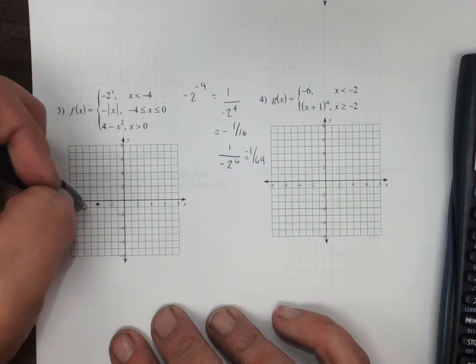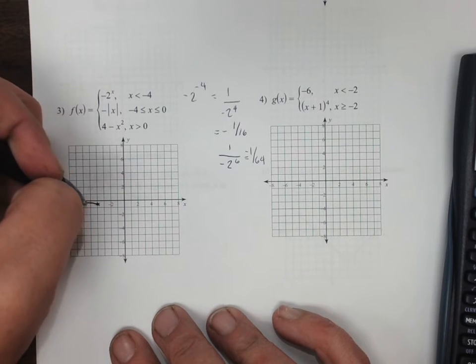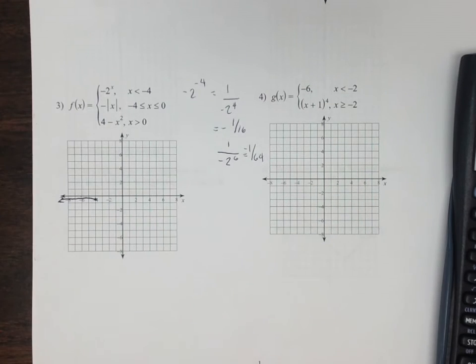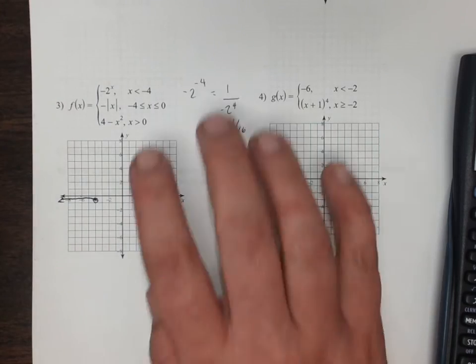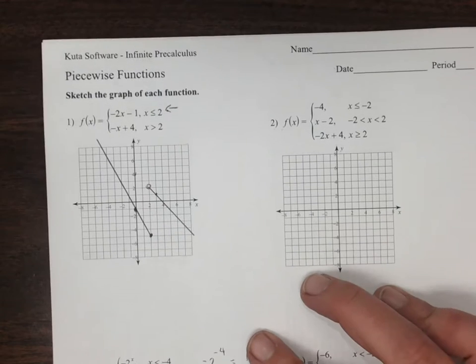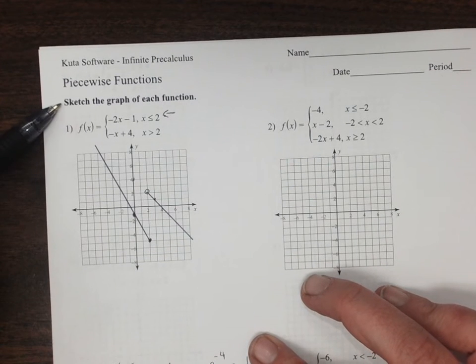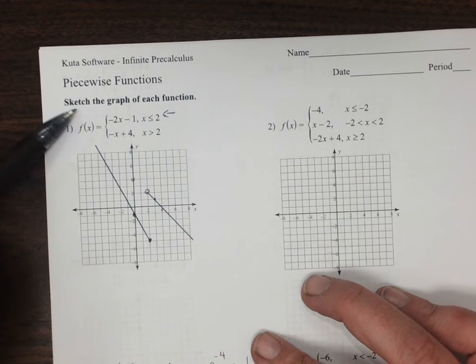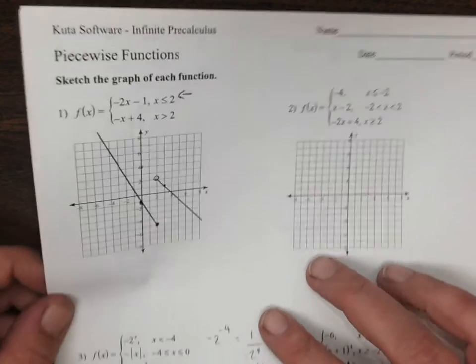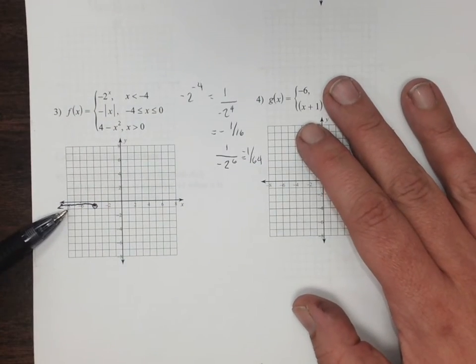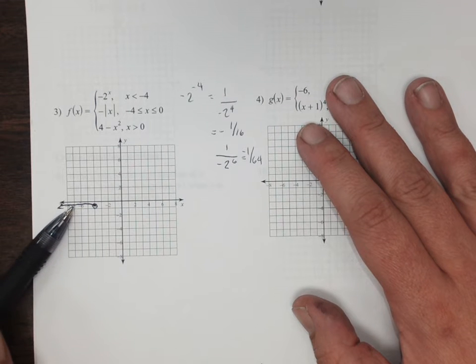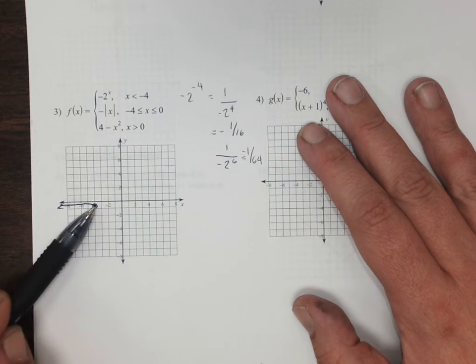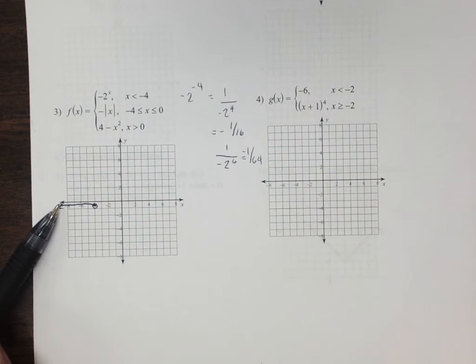So this is a very odd graph, but it actually looks something like this as it comes out. But it does not matter that our graph is not perfect, because let's recall that in the directions it says this is a sketch. So a sketch of a graph is not a perfect thing, especially when we're talking about rounded curves. This is not the greatest way to describe that, but it comes up here and gets really close to the x-axis, but does not touch it. It's hard for me to draw that.